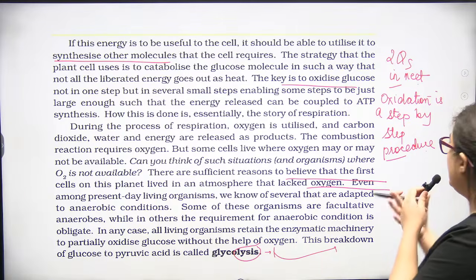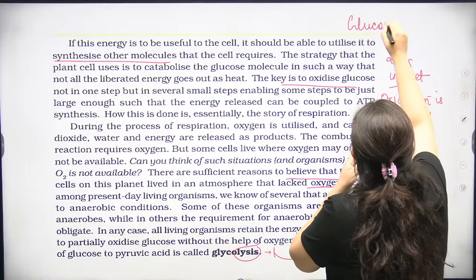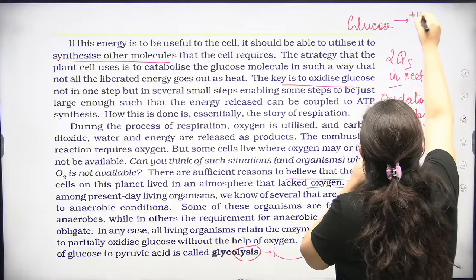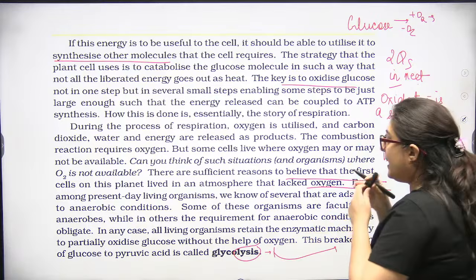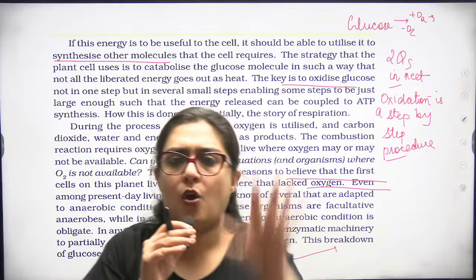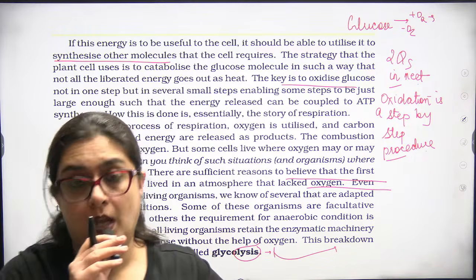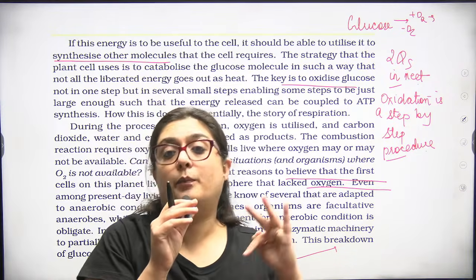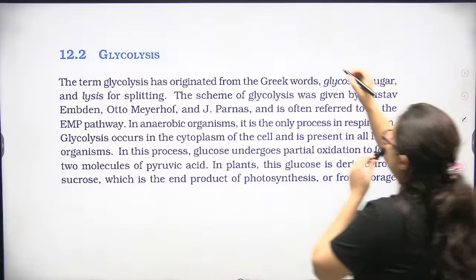Now whenever we are oxidizing glucose, if an adequate amount of oxygen is there, a good amount of energy is produced. But if an inadequate amount of oxygen is there, or nil oxygen, or respiration is occurring in the absence of oxygen, it is known as anaerobic respiration. And if it is occurring in the presence of oxygen, it is aerobic respiration.